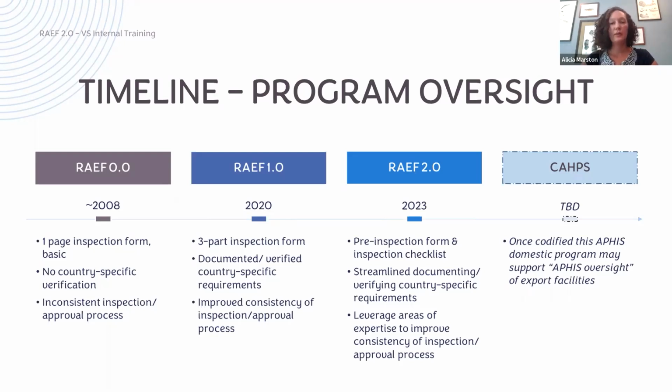And I just mention it here because it's not something that we can currently use to meet that APHIS oversight that we need for international exports, but it's definitely something that the aquatic trade team is working very closely with the aquatic commodity staff on, to make sure that as they're developing their CAPS program, it can be something that we can use to support APHIS oversight of exports in the future.